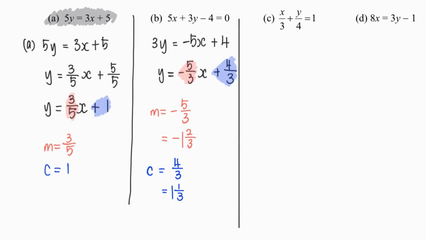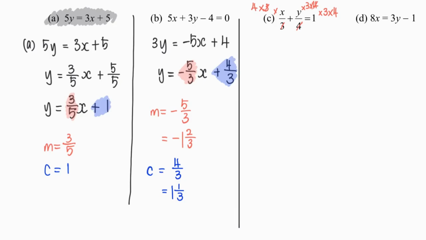Part C. As part of the working on top, I'm going to times 3, times 3, times 3, so that 3 and 3 can divide off. I'm also going to times 4, times 4, times 4. Here is 3 divided by 3, 4 divided by 4.